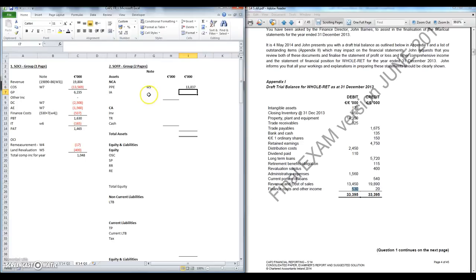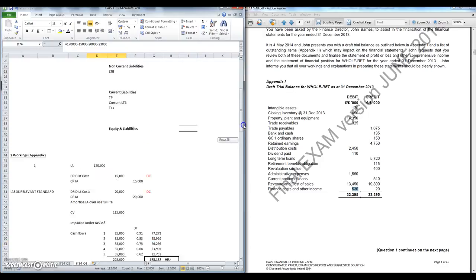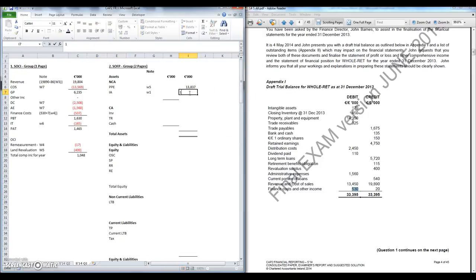Our intangible asset, where we know that it was working 1, we scroll down to working 1, our intangible asset. That's why it's useful, as well as having here, to summarize at the end, so you just know you can pull straight in 112. And as well as being useful for you, it's also useful for the examiner, that they'll be able to follow your logic. Of 112. So we'll add them together, and that gets you to 13,949. So just put a table there.